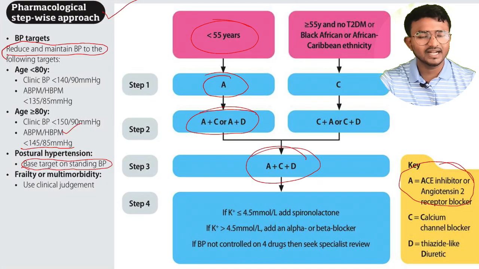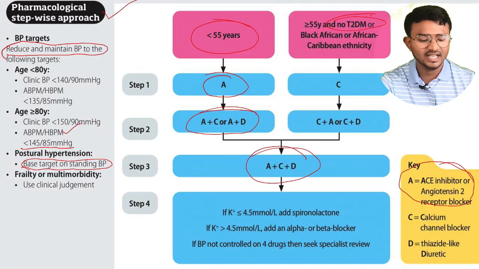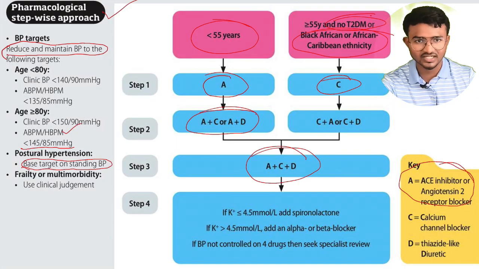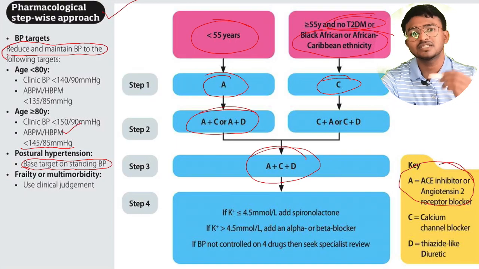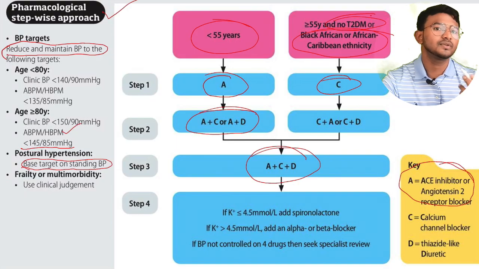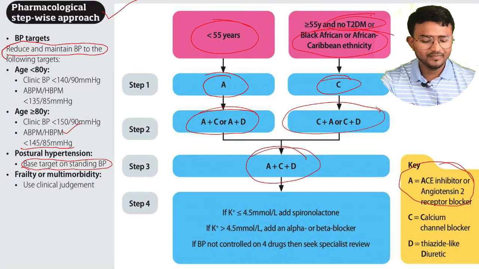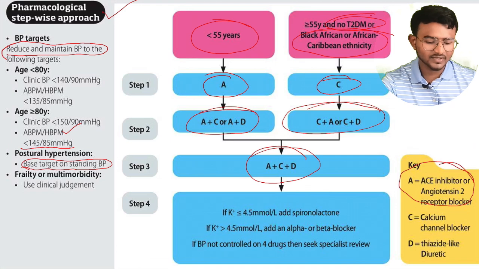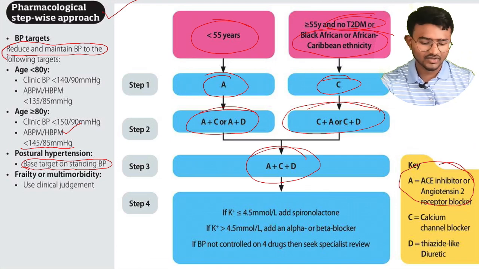Next, for greater than or equal to 55 years, if the patient has no diabetes and is of Black African or Caribbean ethnicity, we can use a calcium channel blocker as the first drug, because Africans don't release much angiotensinogen, so ACE inhibitors are not going to work. That's why we have to use a calcium channel blocker. In step 2, calcium channel blocker with ACE inhibitors or ARBs, or calcium channel blockers and diuretics.